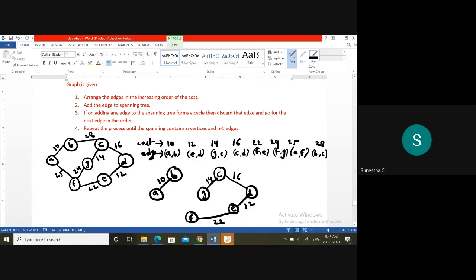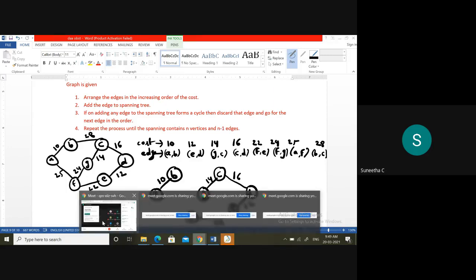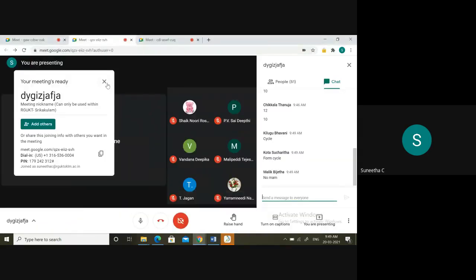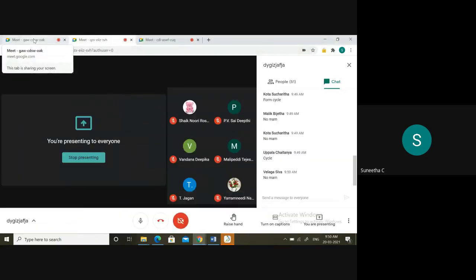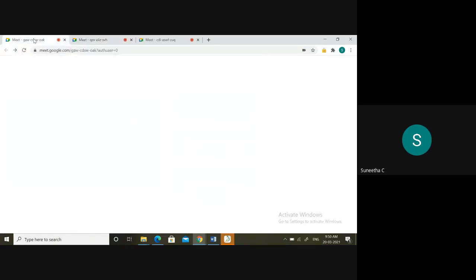Next edge in the order is FG. Okay. If we add the FG edge to the spanning tree, what happens? What will happen if we add this edge? Can we add this edge or not? Tell me. Because a cycle is formed, that's why we should not add the edge to the spanning tree.